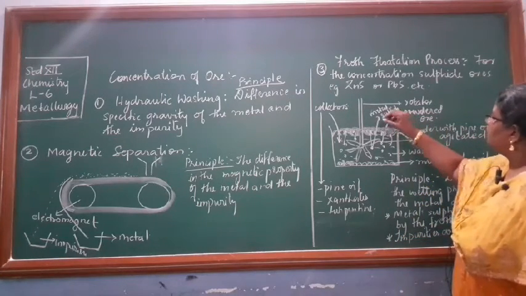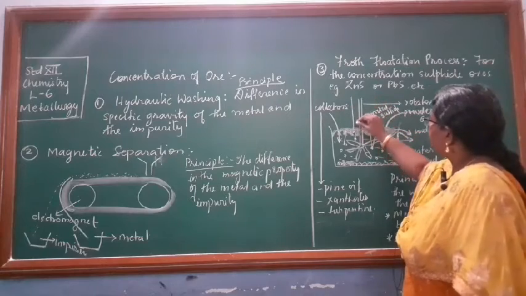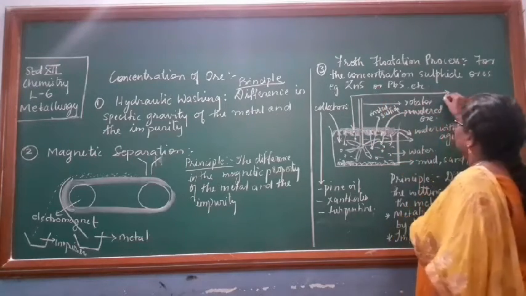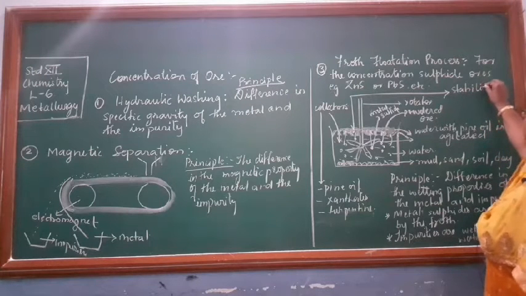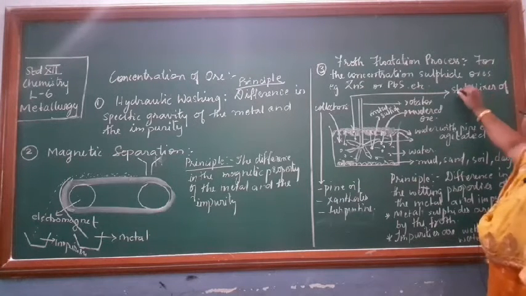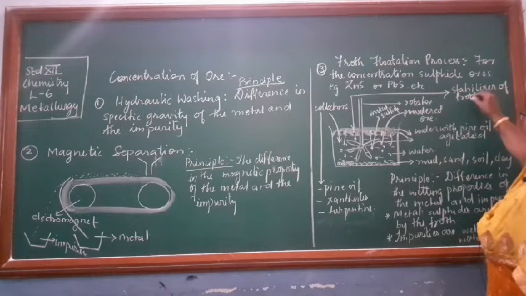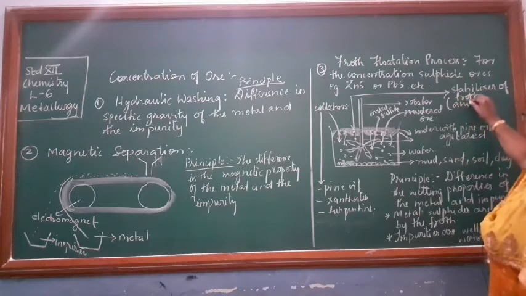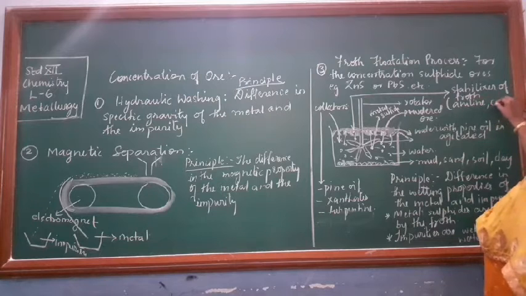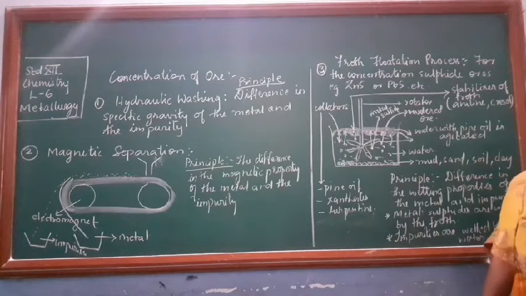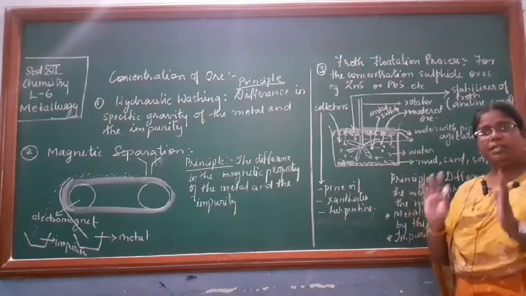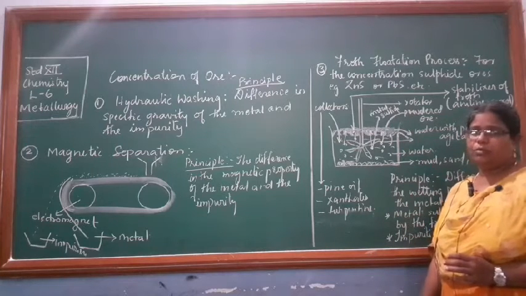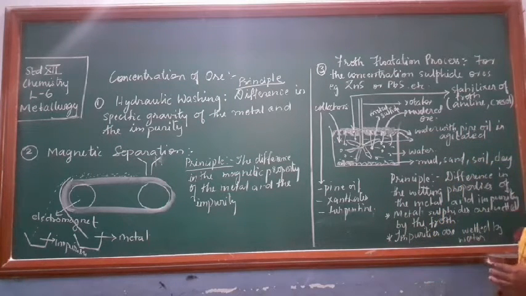So you add here stabilizers, stabilizer of froth, that is aniline, or we can say cresol. That is also added so that the froth remains as froth and doesn't settle down. So they are called stabilizers of froth.